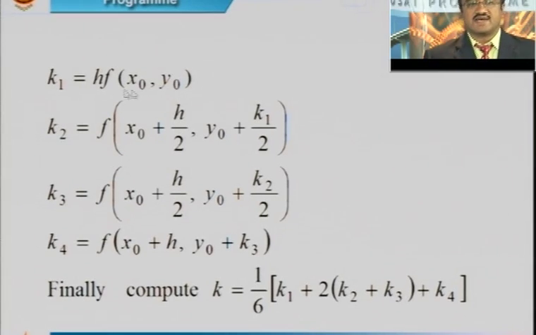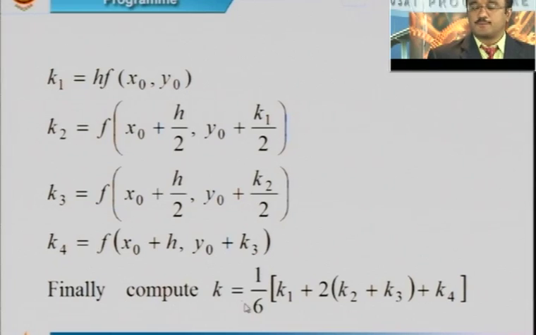The k1 is h into f of x naught comma y naught. Then k2 is h into f of x naught plus h by 2 comma y naught plus k1 by 2. Then k3 is h into f of x naught plus h by 2 comma y naught plus k2 by 2. Then k4 equals h into f of x naught plus h comma y naught plus k3.